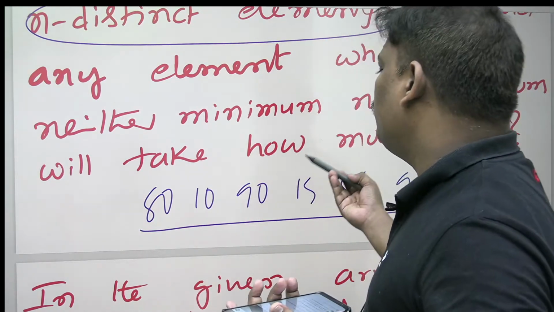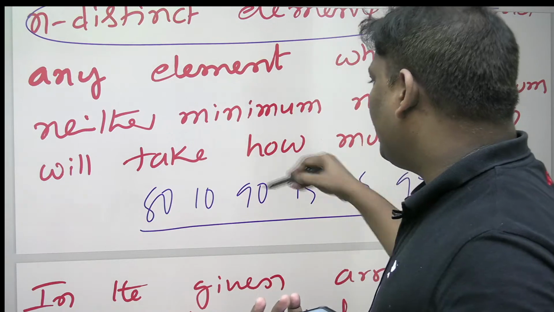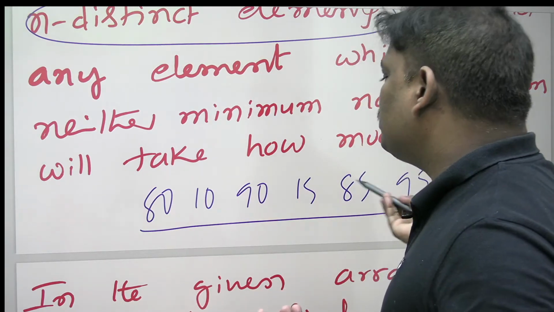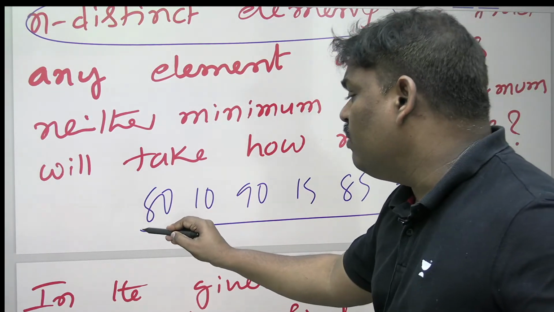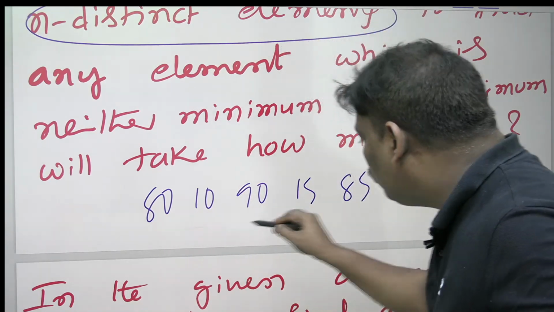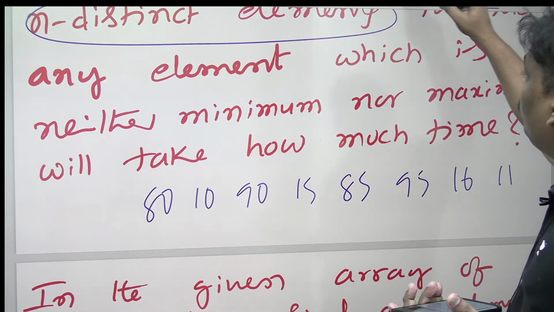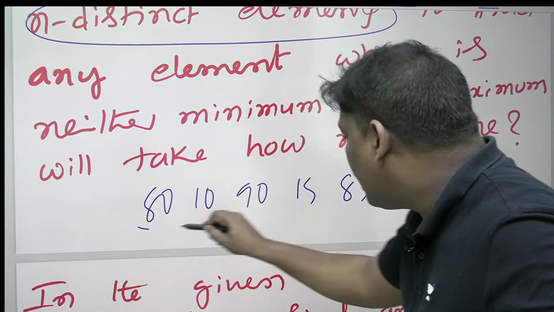Very simple. If you want the minimum, scan the total array. If you want the maximum, scan the total array.